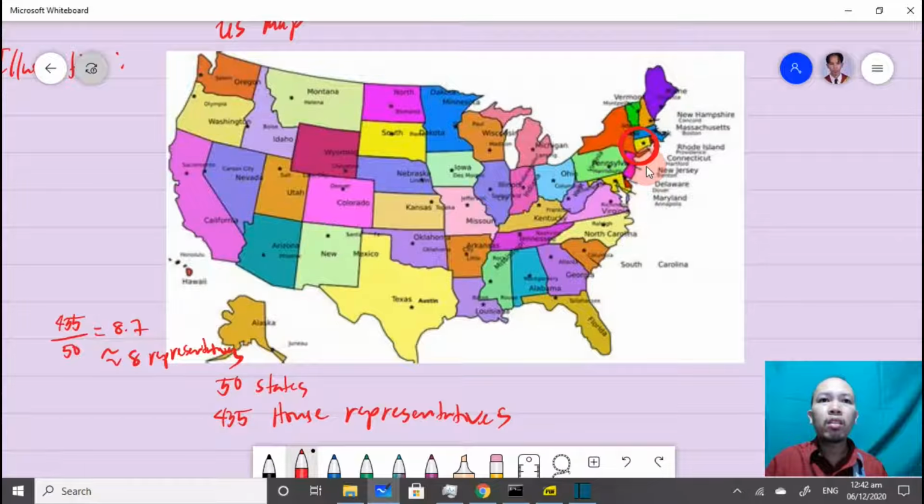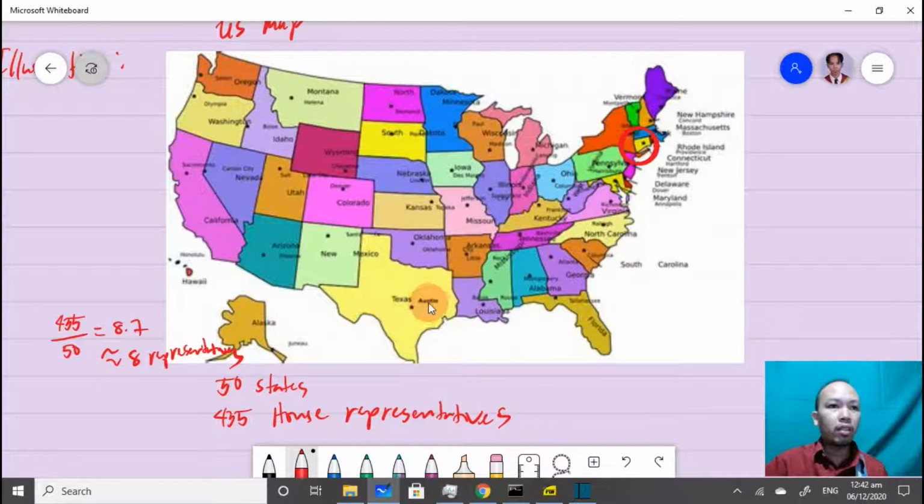Connecticut is a small state, and Texas is a big state, with many more people. So is it fair that there are only 8 representatives to be put here as well? Just analyze the situation.